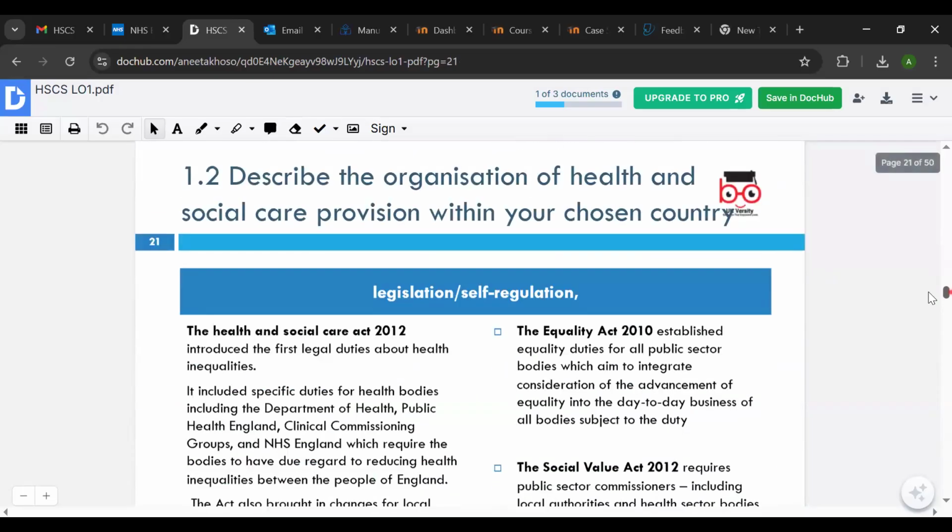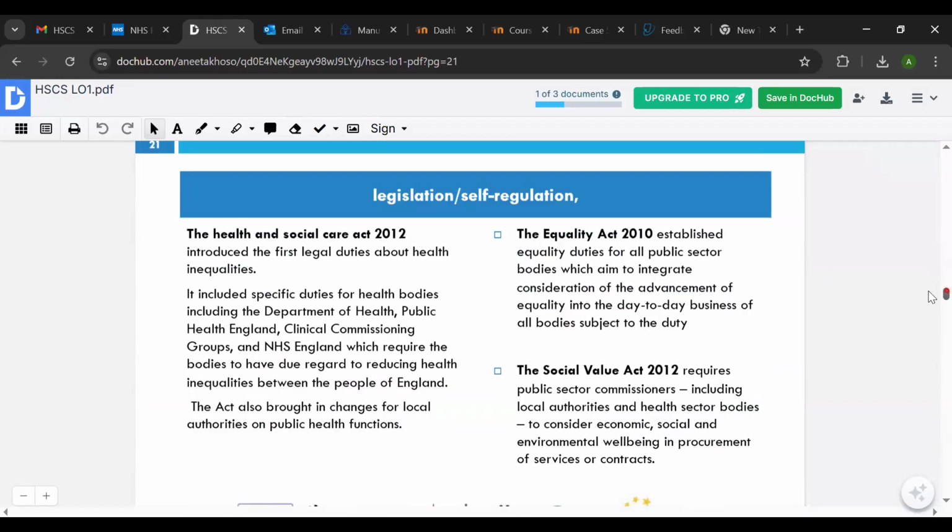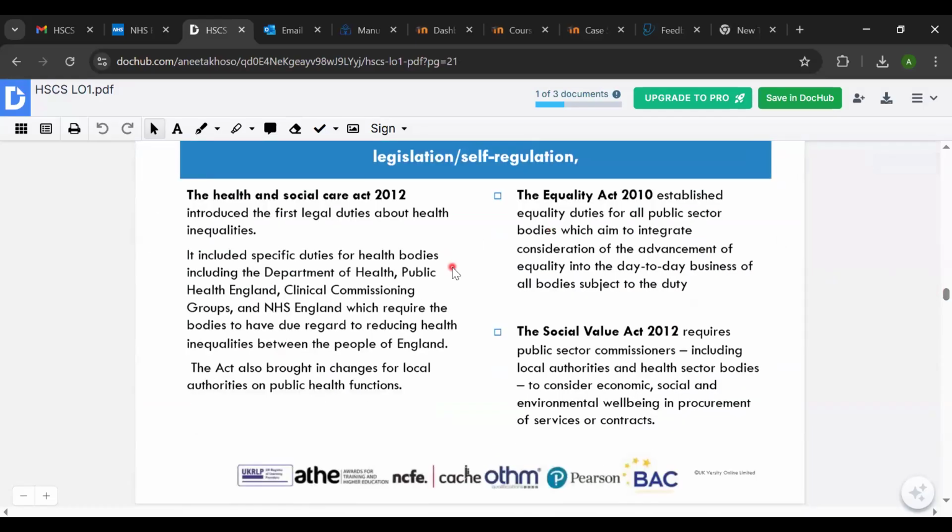Yeah. So coming towards the legislation, self-care and self-regulation. We'll talk about different legislations here. The Health and Social Care Act was introduced in 2012. It contained the first legal duties about health inequalities, including specific duties for health bodies: the Department of Health, Public Health England, clinical commissioning groups, and NHS England.